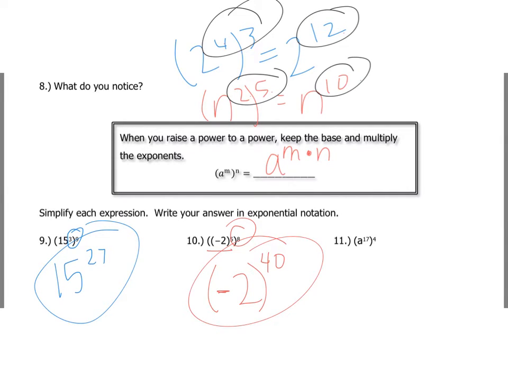And finally, a to the 17th times 4. Some of you want to take out a calculator on that. Please do not. You do 10 times 4 and then 7 times 4. 10 times 4 is 40. 7 times 4 is 28. Add them together and you get 68. So it's a to the 68th power.